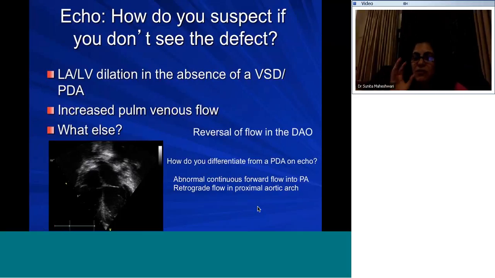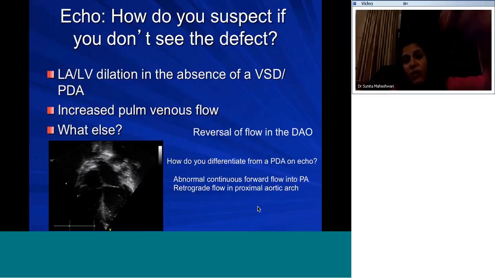If you think about it, when you look at your short axis view, in a PDA, you'll have a red flow coming in, that is your diastolic flow into the PA. In an AP window, it is from aorta into PA. You will get a continuous forward flow. When you're looking at that PA, normally you get only systolic blue. But here you will get systolic as well as diastolic.